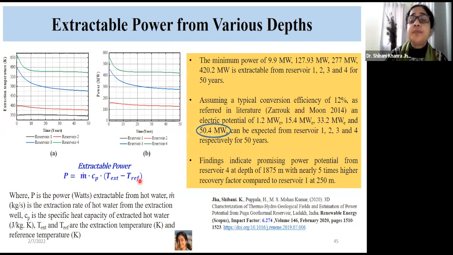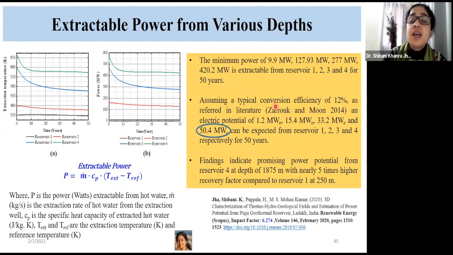Finally, one of the objectives was to assess the potential which can be obtained. It has been found that from different depths, as you can see, nearly 10 megawatt up to 421 megawatt is possible to be extracted from different depths of this geothermal field.